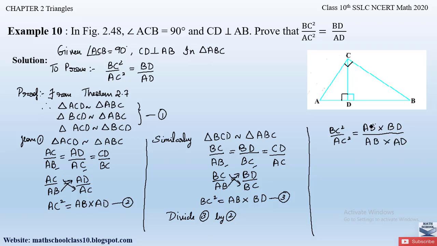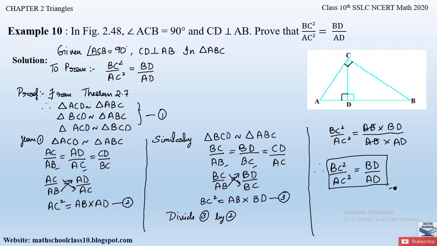Here AB and AB get cancelled in the numerator and denominator, and therefore we are left with BC square divided by AC square equal to BD by AD. Therefore we have proved this equation.